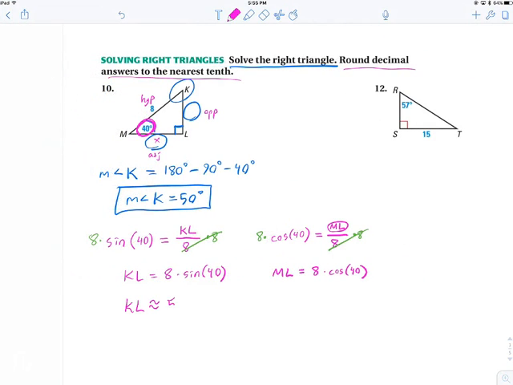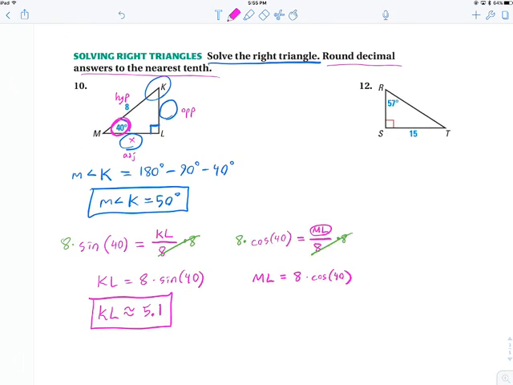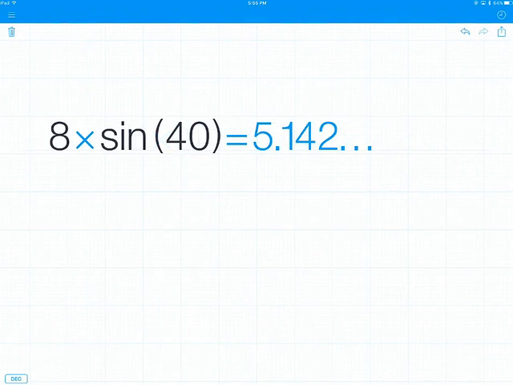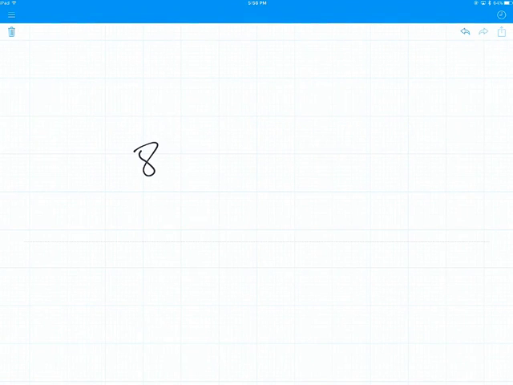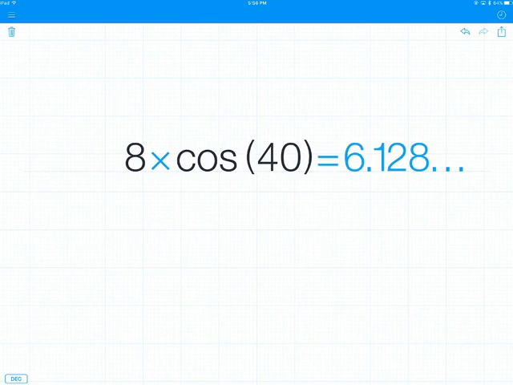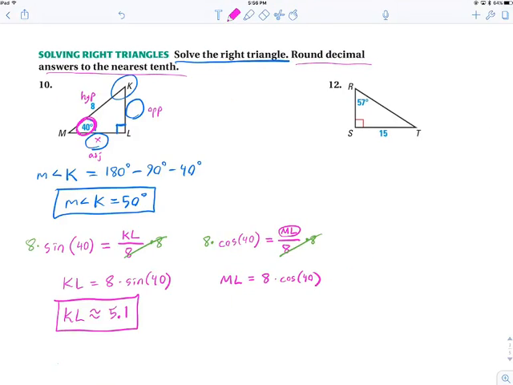So around 5.1, I'll leave off the 4.2, taking care because the 4 was the next thing, so I don't need to round up. And then 8 cosine 40. Okay, and that's equal to 6.12. Again, I'm going to just write 6.1. I'm not rounding up because of that 2.